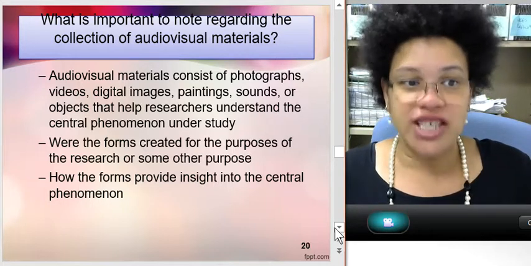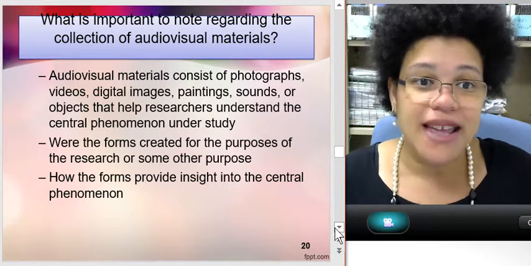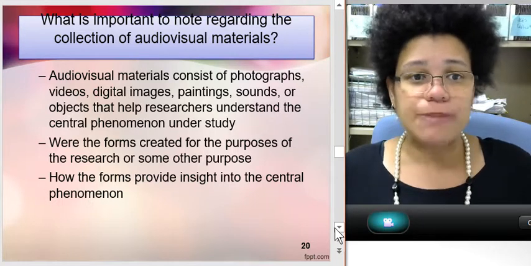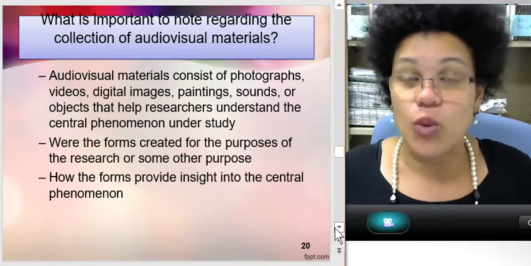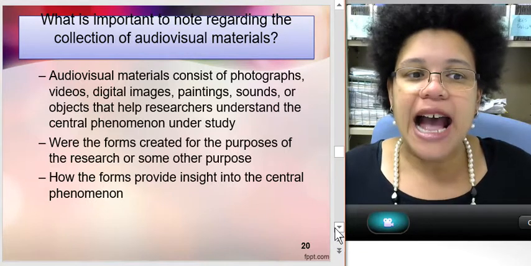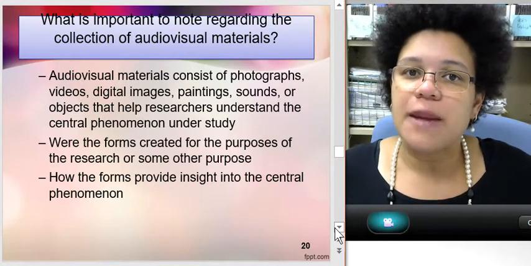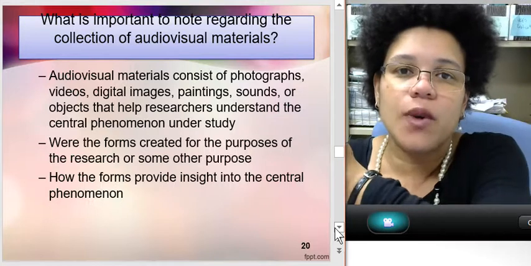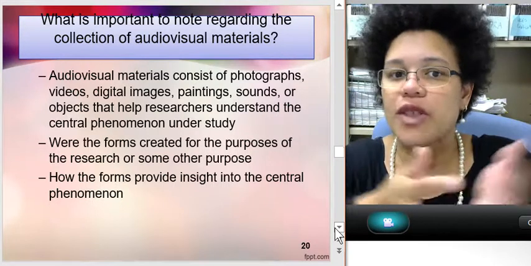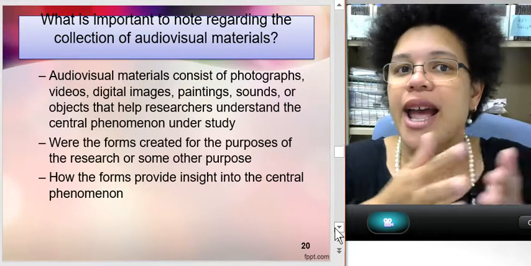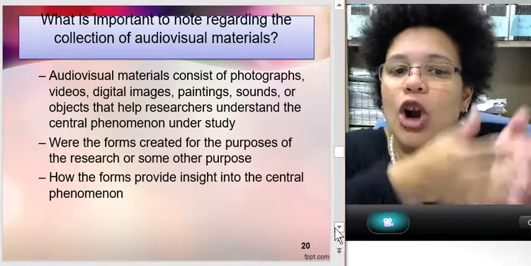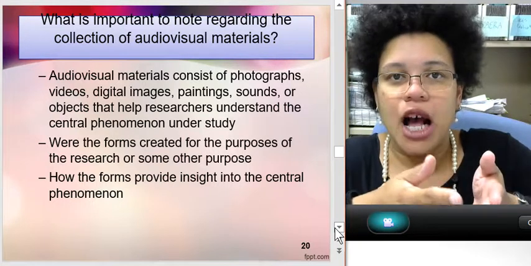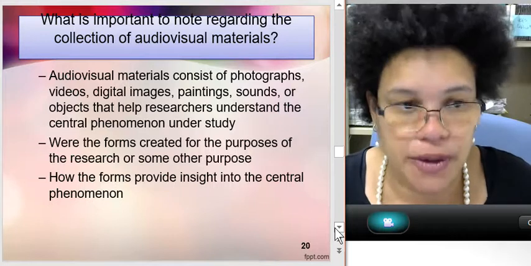You want to understand your central phenomena. So it may be that there are photographs, videos, paintings, objects that will help you do that. Now, one of the things to think about is, were these things created for this research project, or were they created for some other purpose? The purpose they were created for might influence how we're going to interpret them, right?